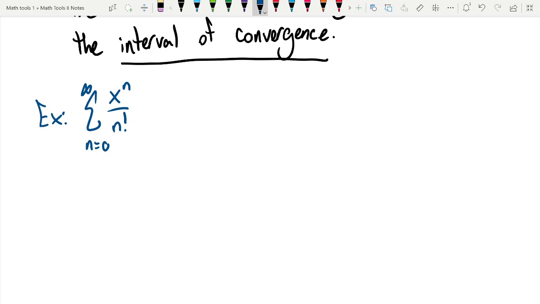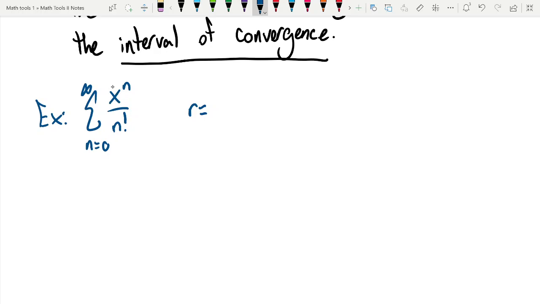But we need to know exactly what values it converges for. So we want to use our past convergence tests. In this kind of scenario, the ratio test would work out the most nicely, because whenever we have n factorials or something to the n power, that's really the only test that works out well for us, right? Other convergence tests are going to be hard to use for these because we're accounting for all values of x.